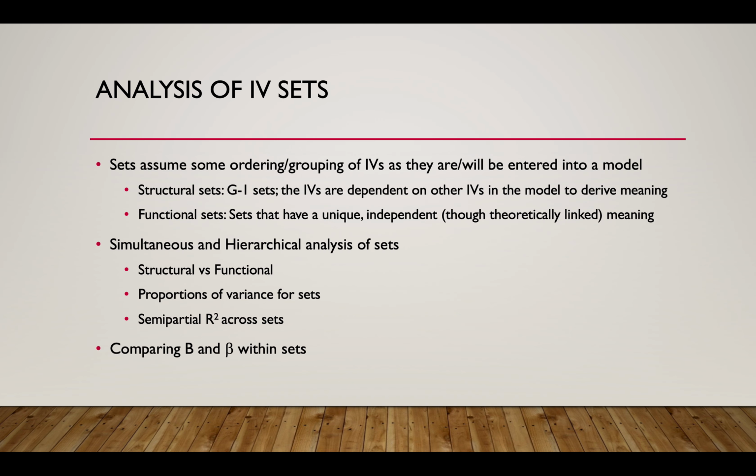In contrast, for a structural set, we might say in step 1, we added age and biological sex, and in step 2 we added the 2 structural sets or dummy coded variables for our treatment, 2 treatment conditions, or something along those lines.